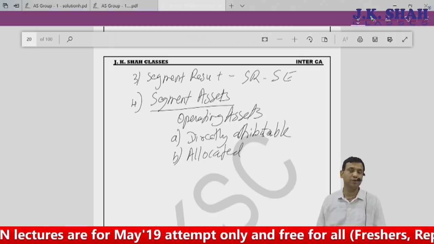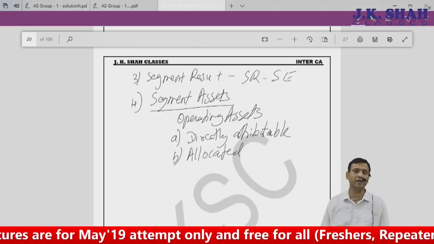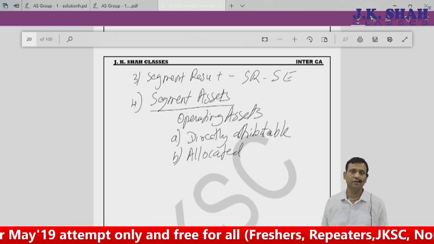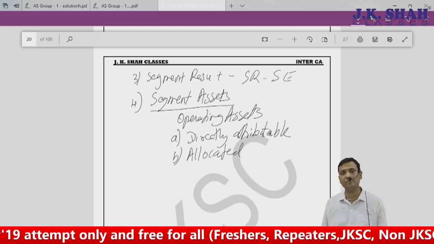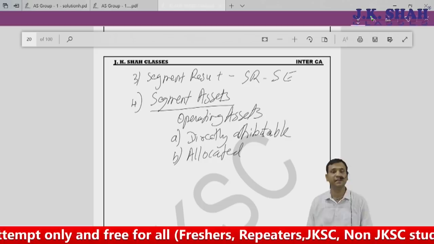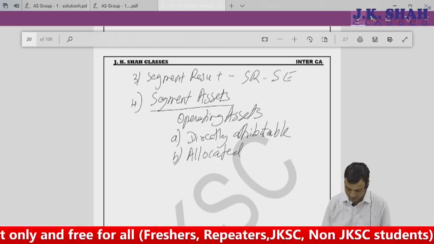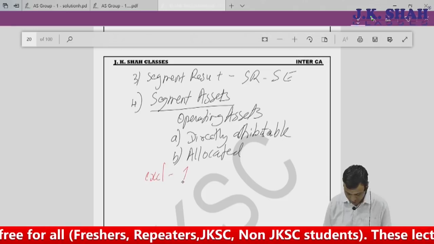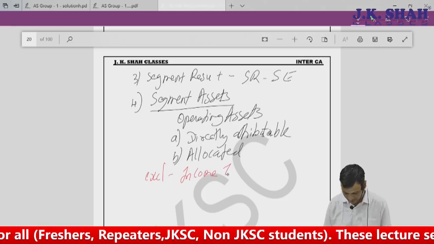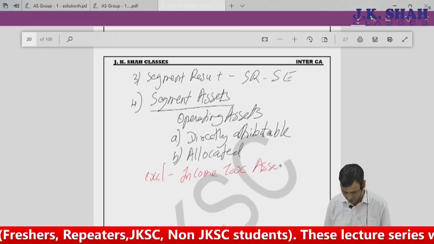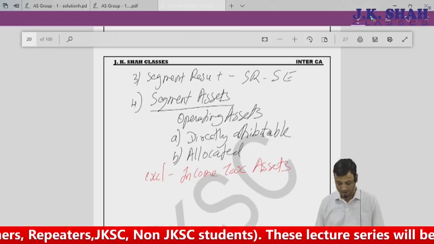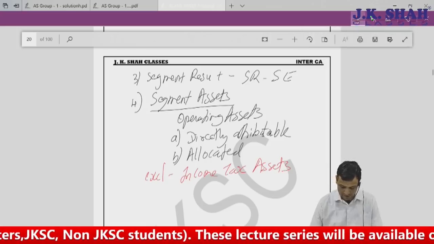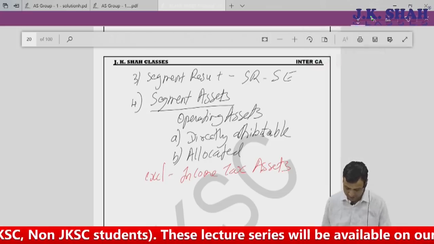One more point you should remember is if interest or dividend is getting included in your segment revenue, then the asset pertaining to that will be included in your segment assets. Of course, the exclusion here is very much important. Income tax assets do not form part of your segment assets, like any deferred taxes or any kind of advance tax paid. All these are income tax assets.